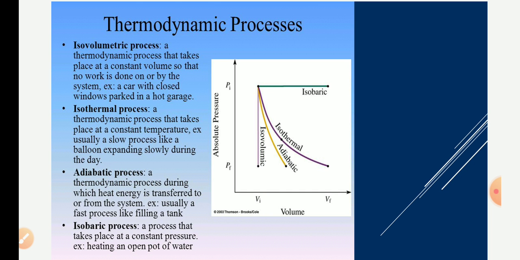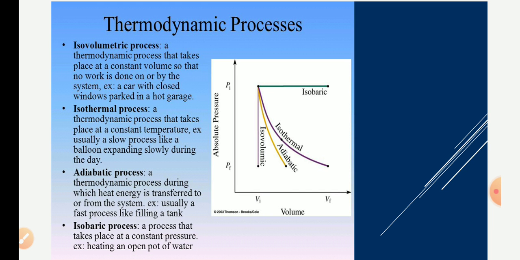We all know that work is equal to PdV, pressure times change in volume. Here the change in volume does not occur, so work done is equal to 0. So work done on or by the system will always be 0 in an isochoric process.